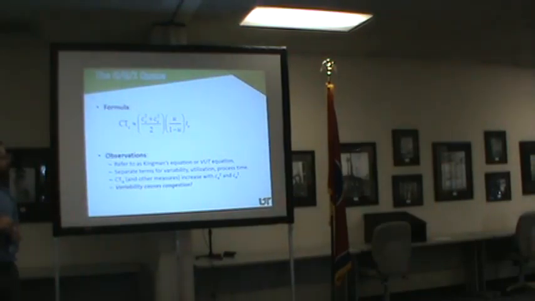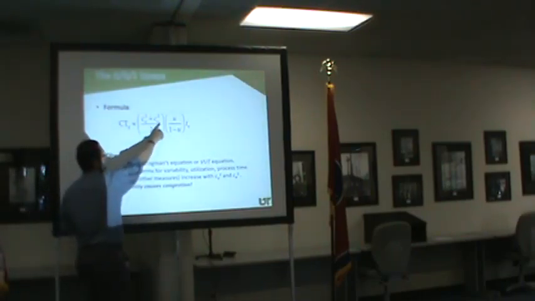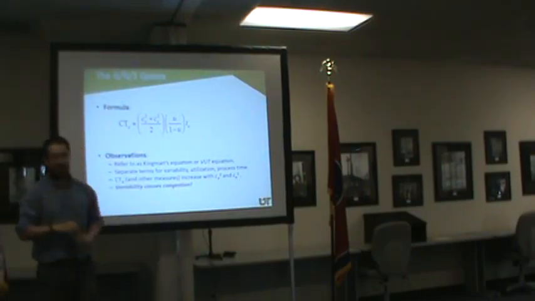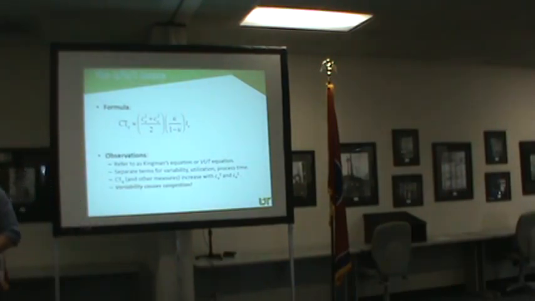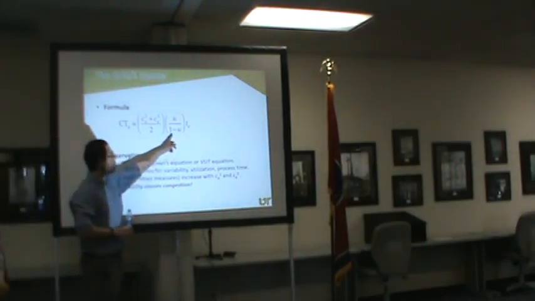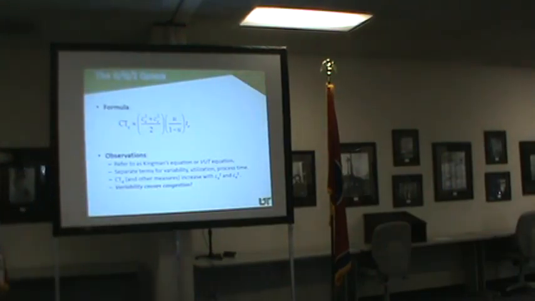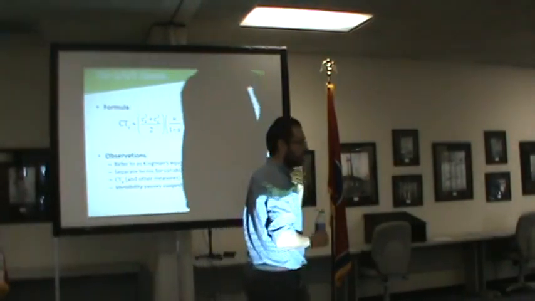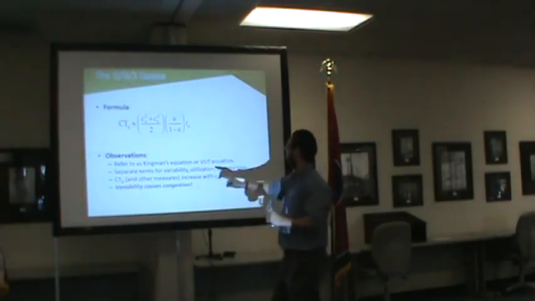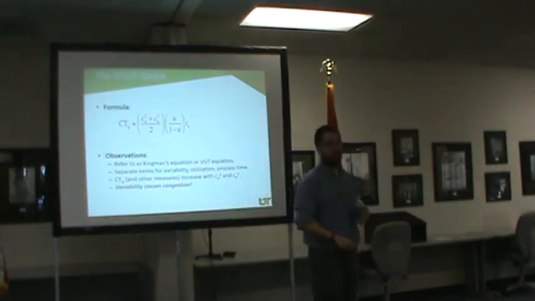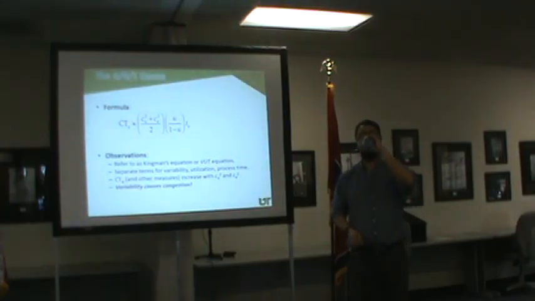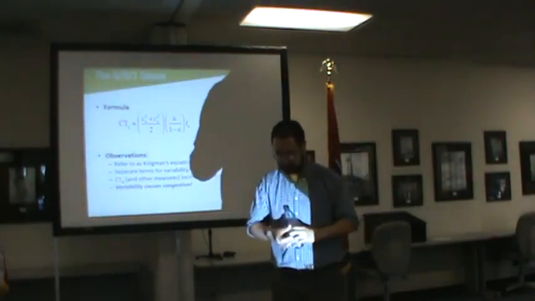The waiting time in the queue is going to be determined by the coefficient of variation of arrivals and the coefficient of variation of the process, times, what was that? What was u divided by 1 minus u? It was WIP. Okay. Times the processing time of the station.